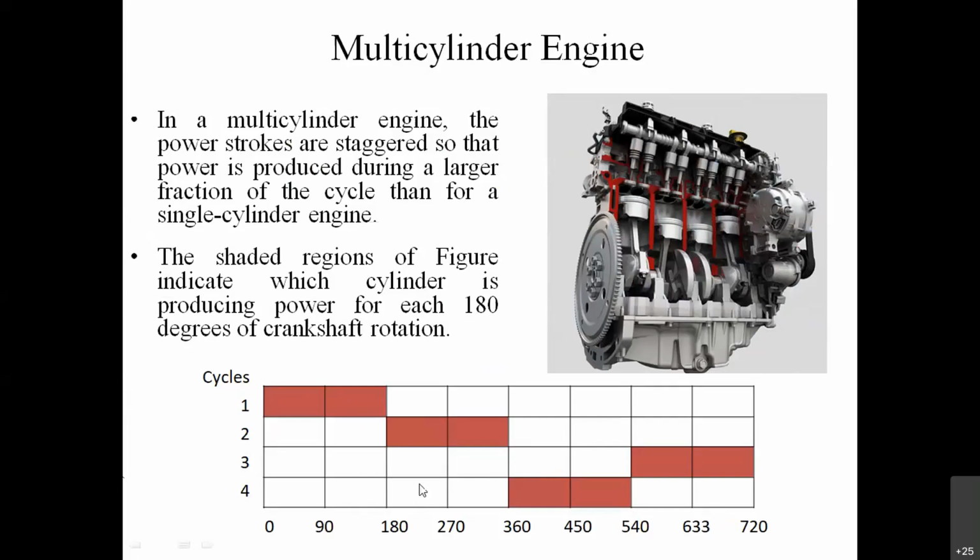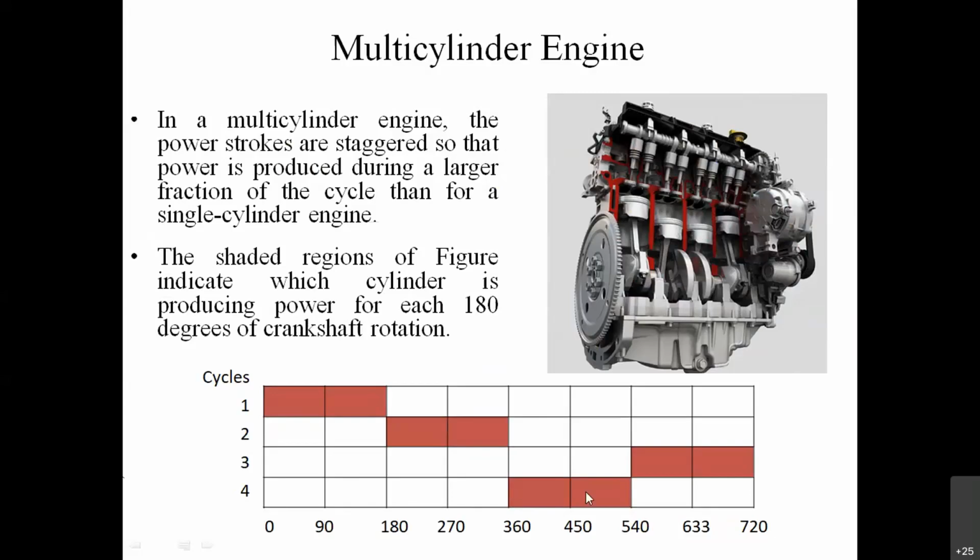For example, during the first 0 to 180 degrees, cylinder 1 is generating the power, whereas the rest of the cylinders are in different strokes. For the next 180 to 360 degrees, cylinder 2 is generating power, that means cylinder 2 is working in the power stroke.